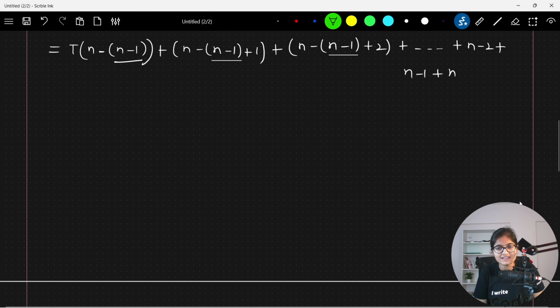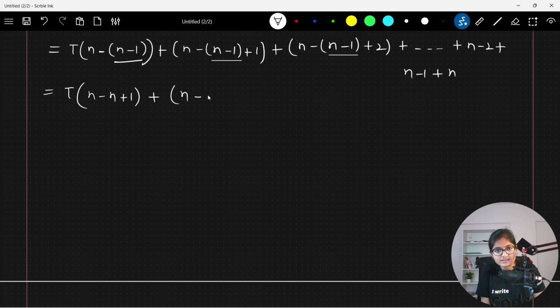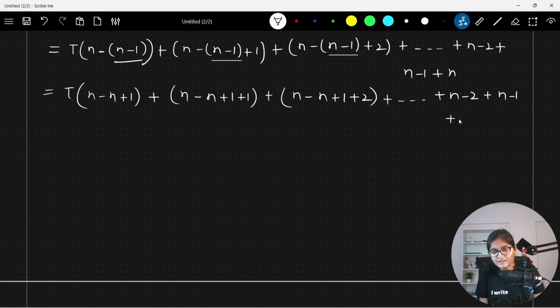Now if I try to solve this out, we are saying that t of n minus n plus 1, plus n minus n plus 1 plus 1, plus n minus n plus 1 plus 2, and so on, plus n minus 2 plus n minus 1 plus n.